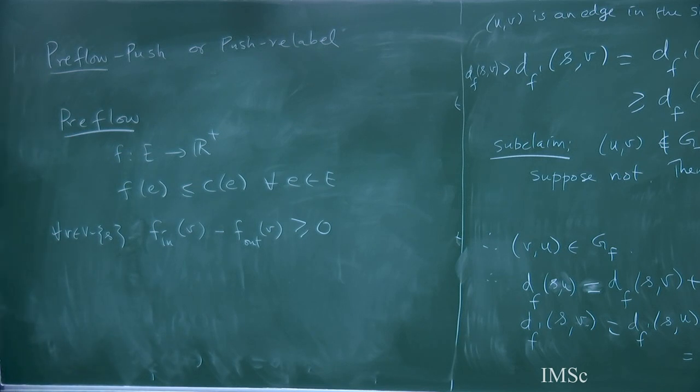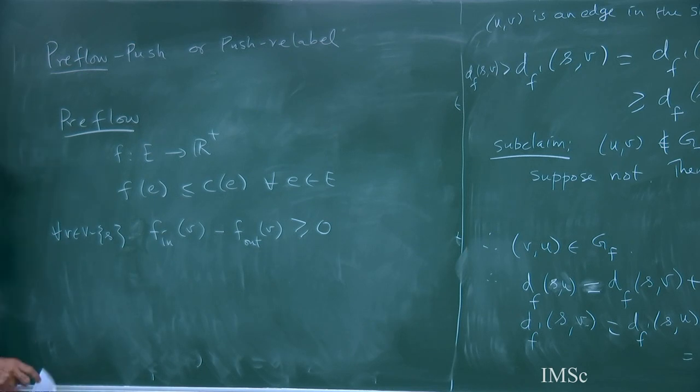What is coming in is at least what is going out. Okay. Of course, for S, everything is going out, so we don't care about S. So this is called a pre-flow, right?